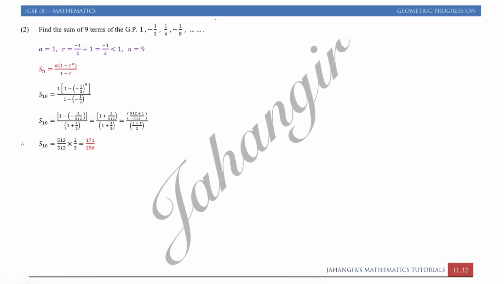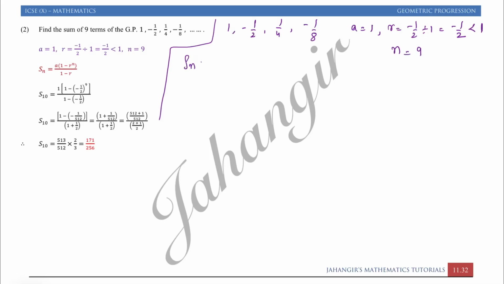Question second. Find the sum of 9 terms whose sequence is 1, minus half, 1 by 4, minus 1 by 8. So here we can say a is equal to 1, r is equal to minus half divided by 1, which is equal to minus half, where r is less than 1 and n is 9. So first we will write the formula.